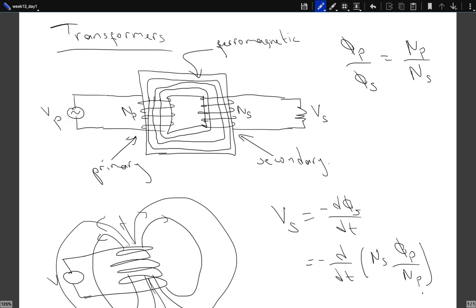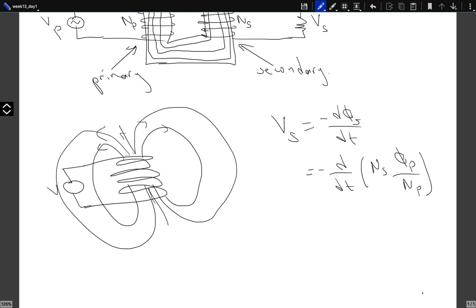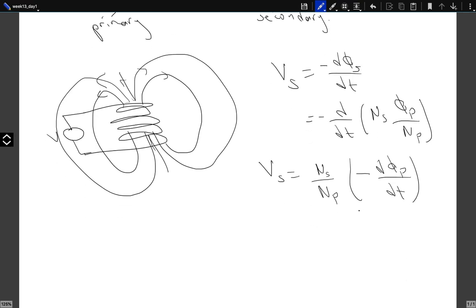Phi_p is the flux passing through the primary coil. The number of turns, they are just constant, so this is Ns over Np times minus the derivative of phi_p by dt. This is the rate of change of flux passing through the primary coil. But again, by Faraday's law, that is nothing but Vp. So Vs over Vp is just Ns over Np.